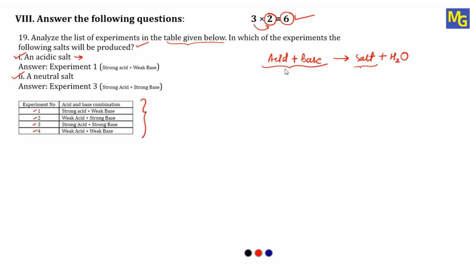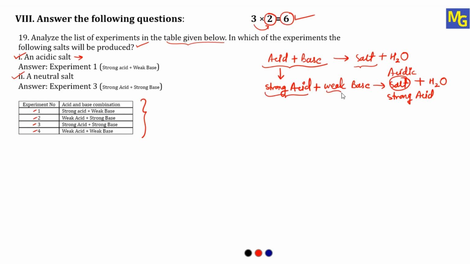So see here, if this acid is a strong acid and this base is a weak base, whatever salt we are going to get will be always of the strong acid, and therefore this salt will be an acidic salt. And with this we are going to get water as usual. Because the acid is strong, it will suppress the property of the base, and therefore in the salt it will come with its property. So therefore the salt will be acidic.